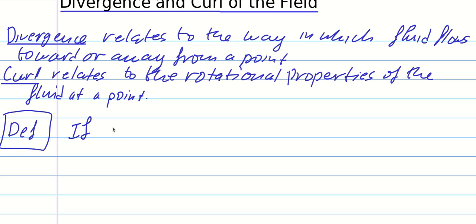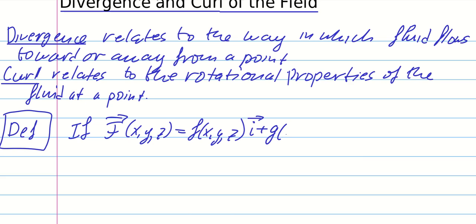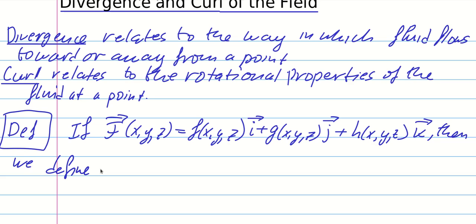We'll say that if the vector field at x, y, and z is given by f function for the i component, and g function for the j component, and h function for the k component, then we define the divergence of f.